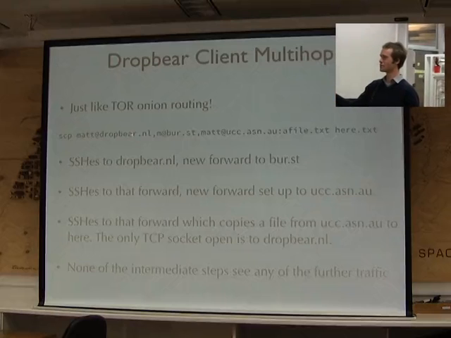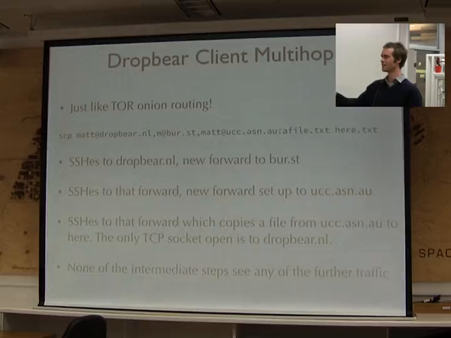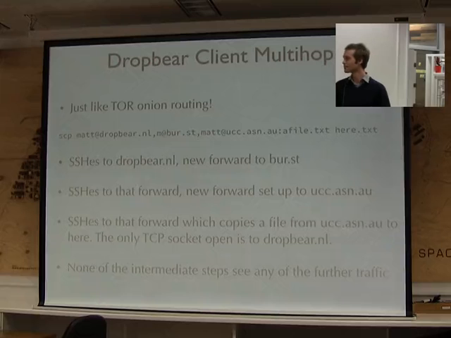It'll split it up, and first it makes a connection to the first machine and says, give me a port forward to the next machine. Then it connects to that port forward, which will end up on this one, says, give me a connection to the next machine, and so on. And so then you end up with a connection that is direct from your machine to the one at the end, and you can copy the file over.